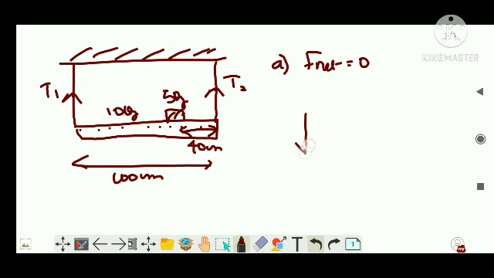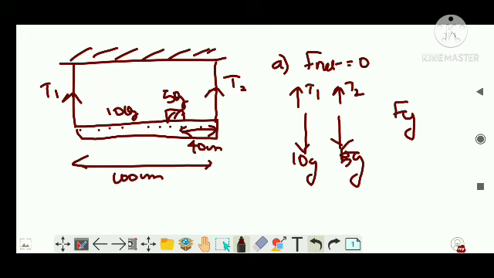So when you consider the rod, its own weight is 10g downwards. Along with it, this 5g is exerting a downward force, so I will write 5g, and upward there are T1 and T2 forces. That is only Fy here, and all the force in the y direction is equal to 0 because it is in static equilibrium, right?